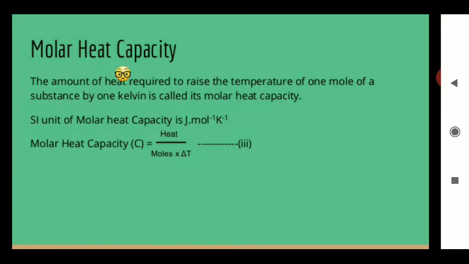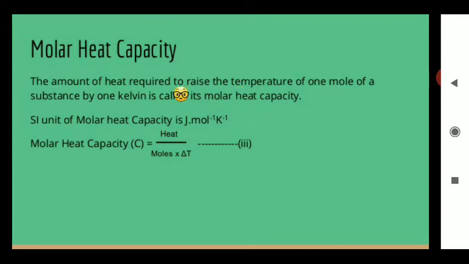Now we are proceeding towards what we mean by the term molar heat capacity. We are studying this topic of heat capacity from the chemistry point of view, and in chemistry, the quantity of any substance is always expressed in terms of the mole.